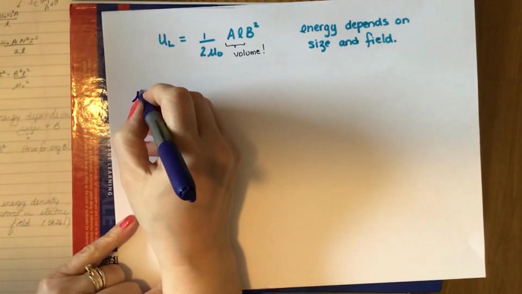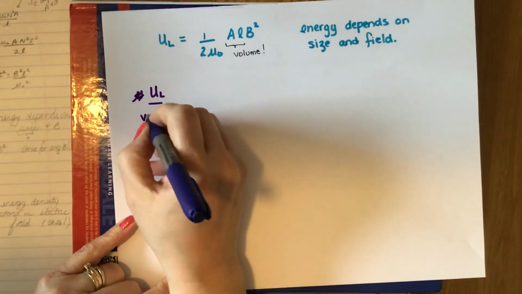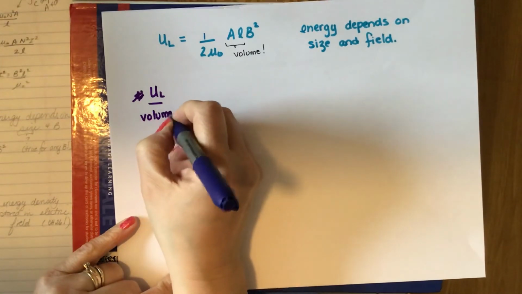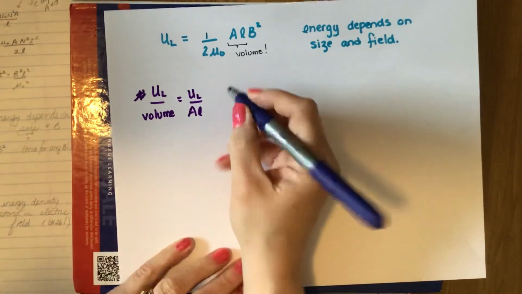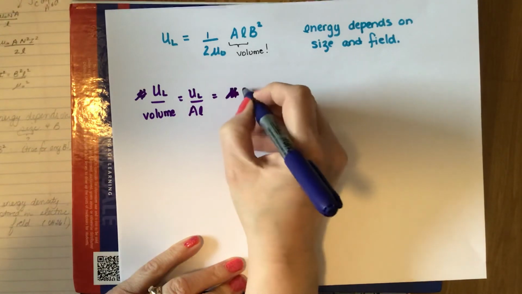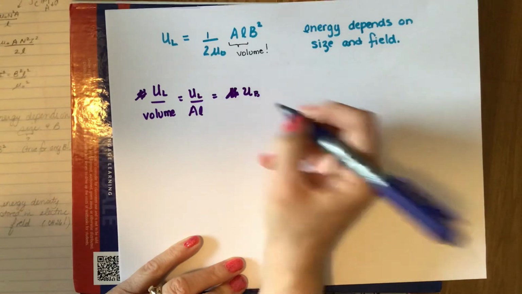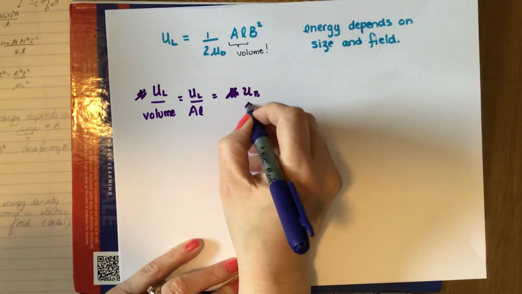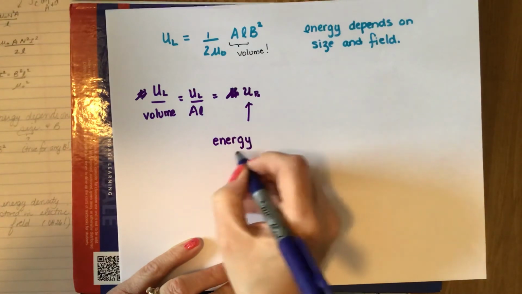So, UL over volume would be UL over the area times the length. That's what we'll give a symbol of a lowercase u, not a mu. Lowercase u, we'll put a B on there for magnetic field. And this is the energy density of a magnetic field.